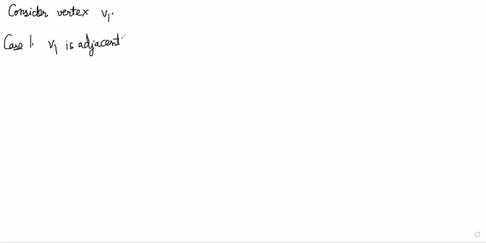So we'll do the proof in two cases. We'll think about the vertex V1. So consider vertex V1. Now there are two cases. Case one, V1 is adjacent to all of V2, V3, V4 till V9, right?